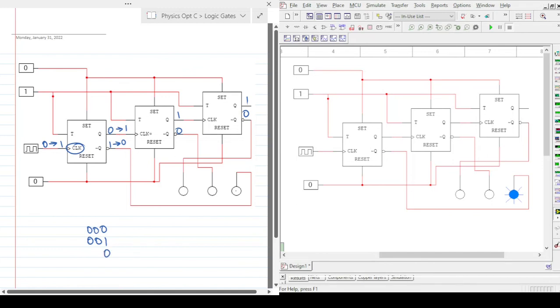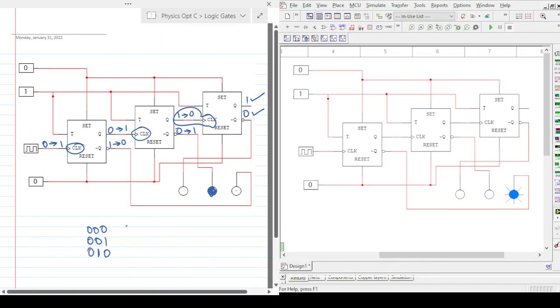Now, this clock would have gone through a rising edge in this stage, so this would toggle to 0 and this will toggle to 1. So this LED would turn on, and I will get a number 1 there. However, this clock would have gone through a falling edge, so nothing will happen with this. This will just remain at logic 1, this will remain at logic 0, which means that this will remain off. So that will be 0 1 0 there.